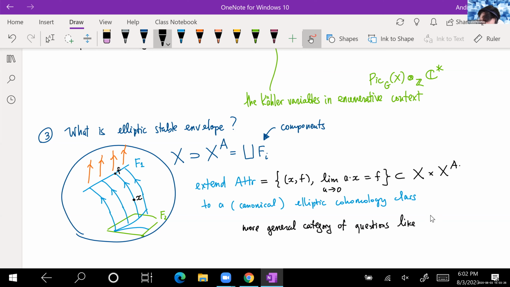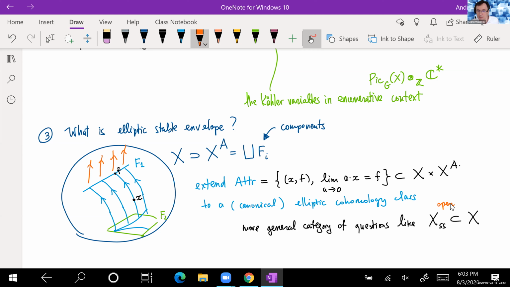Like you have a semi-stable locus, some open set inside X, given some notion of stability, and you have a cohomology class on it, and you'd like to extend it in some nice way to a cohomology class on the whole thing.